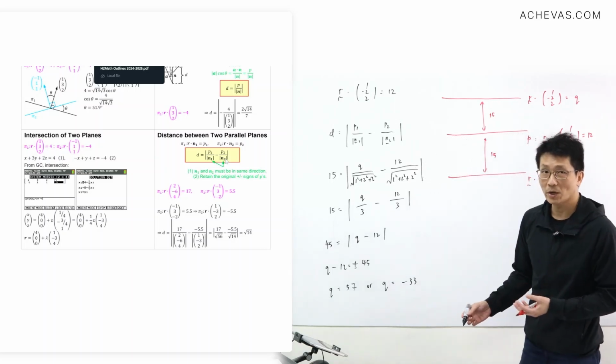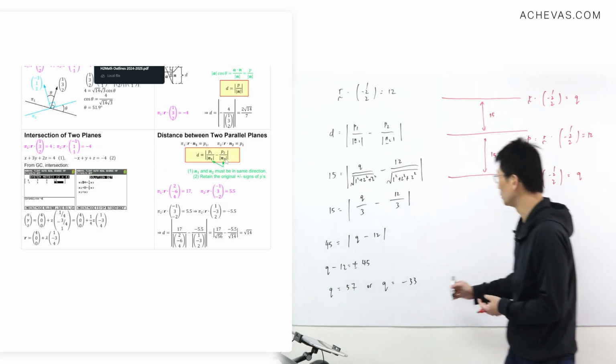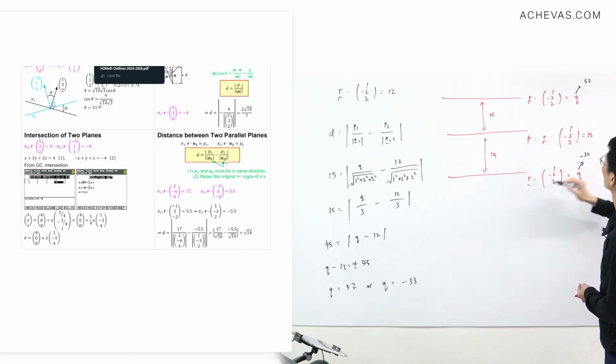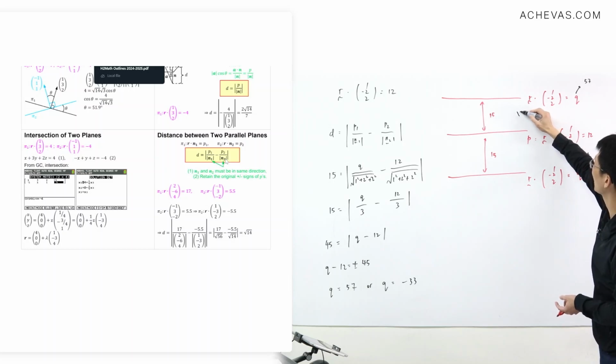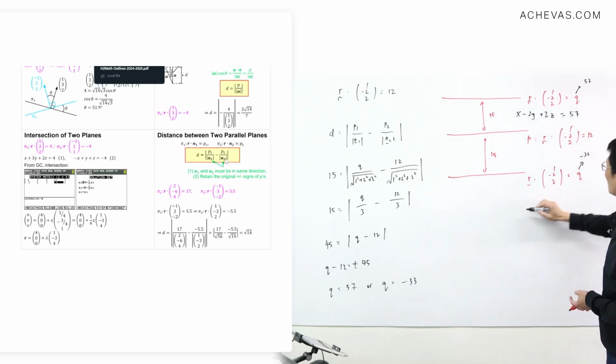Once we have found the values of Q, I can simply rewrite this Q to be 57, and this Q to be minus 33. The corresponding Cartesian equations will be x minus 2y plus 2z equal to 57, and x minus 2y plus 2z equal to minus 33.